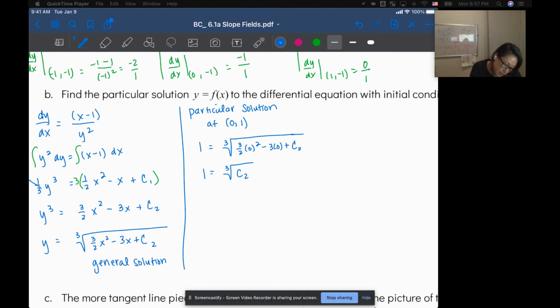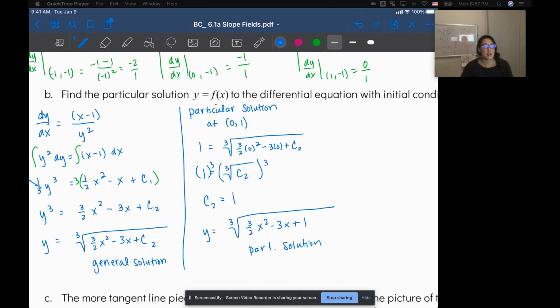So I am going to cube both sides. So c2 is equal to 1. So I get the curve y is equal to the cube root of 3/2 x squared minus 3x plus 1. So this is our particular solution.